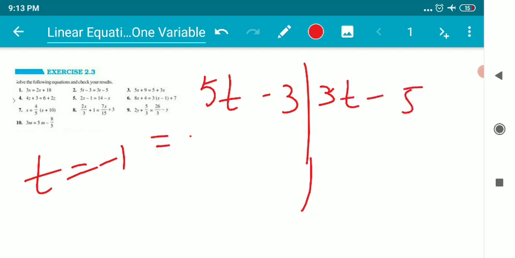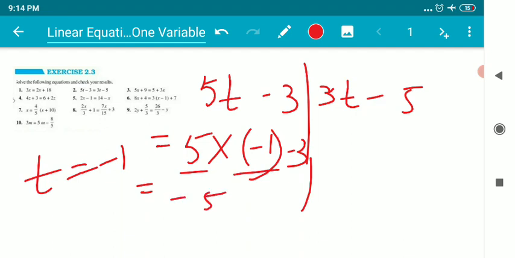So 5t means 5 into minus 1 minus 3. 5 into minus 1 results in minus 5, minus 3, and minus 5 minus 3 is minus 8. Whenever we have two minus signs, the symbol remains minus, but the calculation gets added. 5 plus 3 is 8.